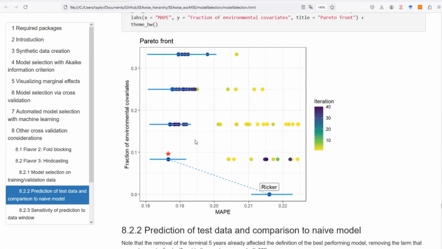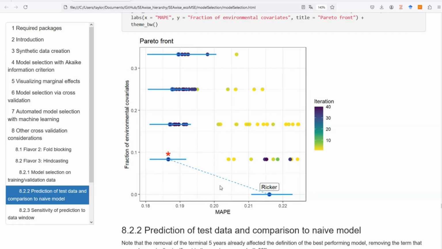And what comes out then is that the two-parameter environmental coefficient model becomes of lower fitness than the single one, just from the removal of those last data years. We still make significant gains over the default RICR.